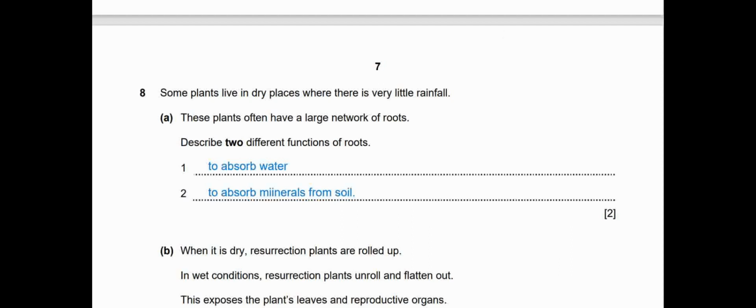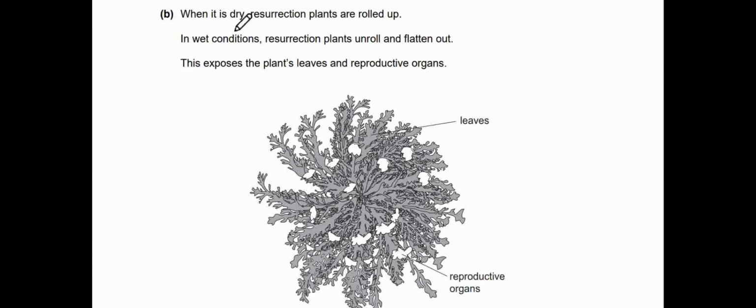Next, let's move to 8b. When it is dry, resurrection plants are rolled up. In wet conditions, resurrection plants unroll and flatten out. This exposes the plant's leaves and reproductive organs.